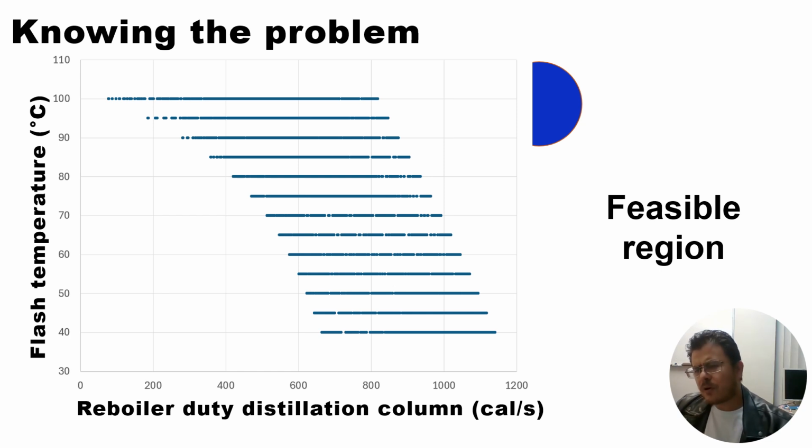What is the importance of this feasible region? We can identify the relationship between variables, and we can identify a potential feasible or optimal solution.